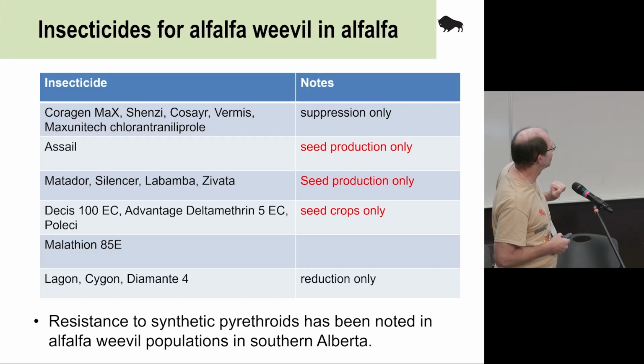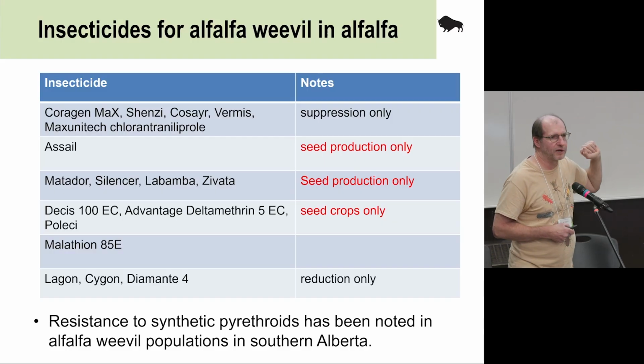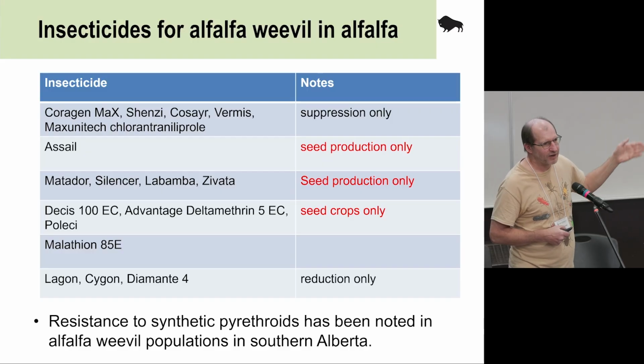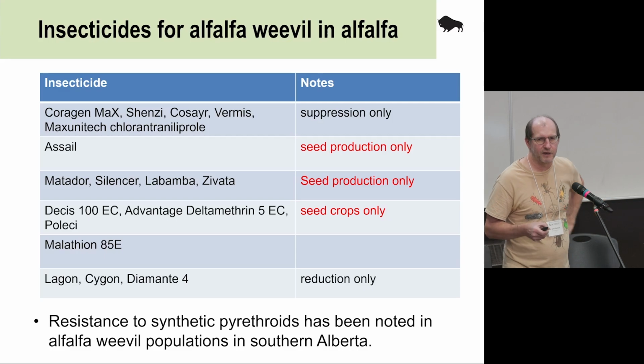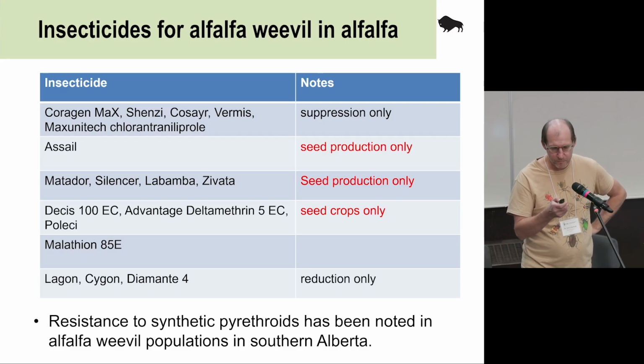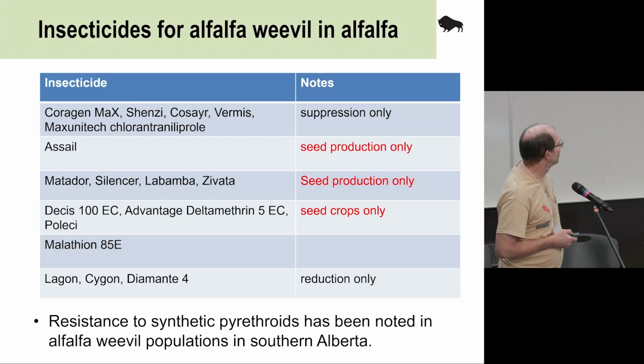So if you're a hay grower, you've got chlorantraniliprole, your Coragen, suppression only, dimethoate, suppression only, or malathion. It doesn't say suppression only on the label, but I think it's suppression as well, and it's hard to get. So for hay growers, it's tricky making that decision. If you do have to spray, what am I going to use?